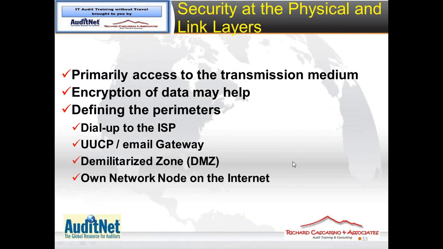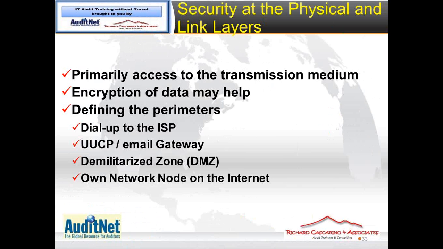So how do we secure? At the physical link layer, that's the primary access to the transmission medium. At that level, we may encrypt data. I'm working on the assumption that everyone is familiar with encryption, not necessarily the individual encryption methodologies, but at least what it is. But we can also define the perimeters. Any dial-up access into an internet service provider, UUCP or email gateways.